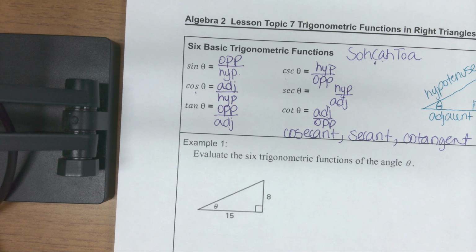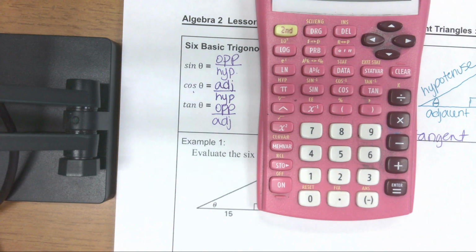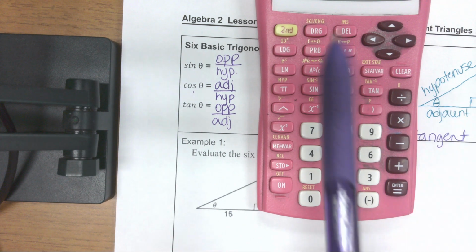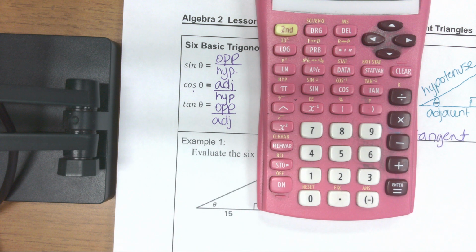Now, you may have noticed some buttons on your calculator, so get your calculator out. The sine, the cosine, and the tangent functions are on your calculator. Sometimes I give you an angle and ask for one of those things, then you can use your calculator, because your calculator has the ratio of those for every angle.